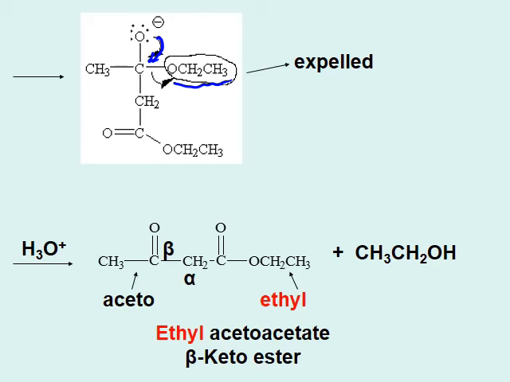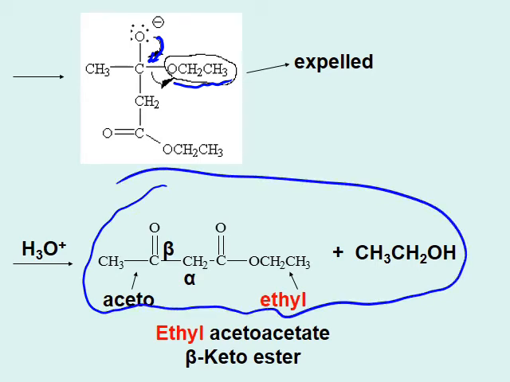Then you end up with this product after you add H3O plus. So this is basically a beta keto ester. So in Claisen condensation, you get a beta keto ester.